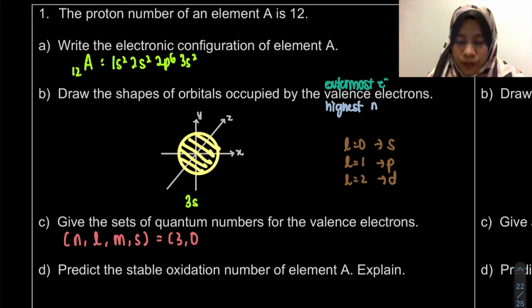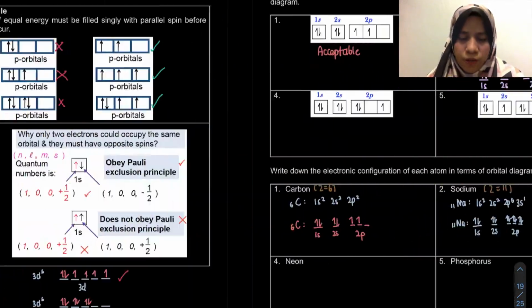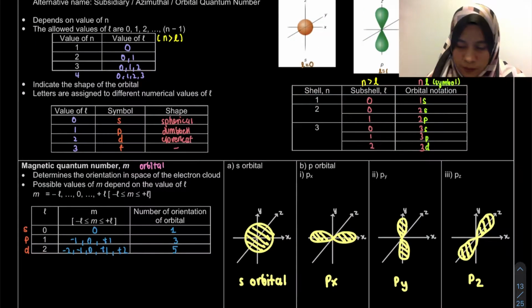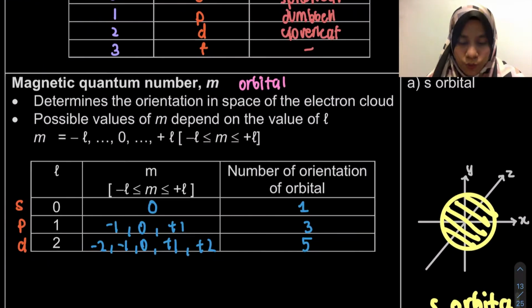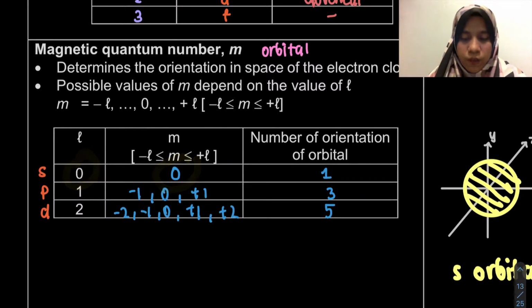When L equal to 0, M has only one possibility. If you are unsure why M must be 0, not 1, 2 or 3, let's look back at your page 13 notes. When L equal to 0, M could only be 0, so there is only one. If L equal to 1, it can be negative 1, 0, positive 1.